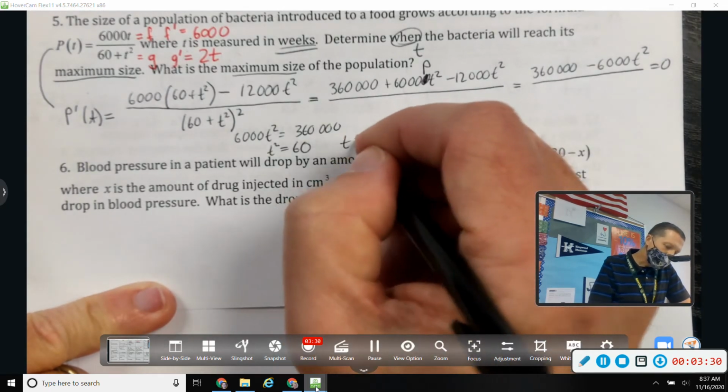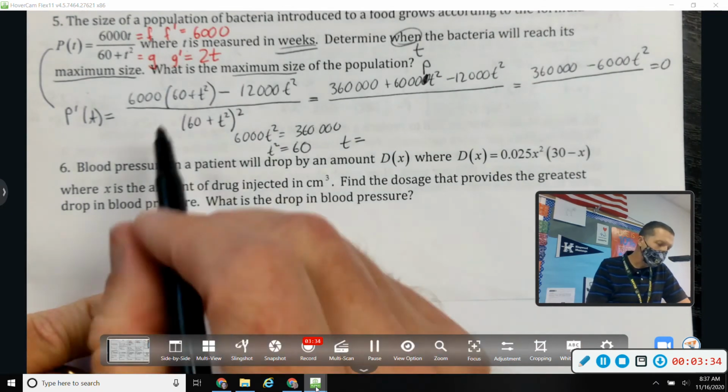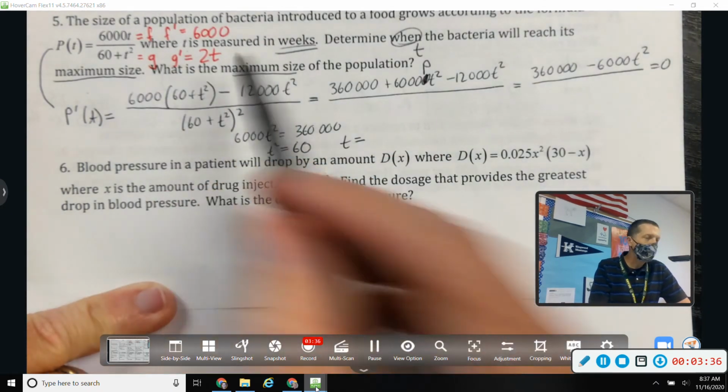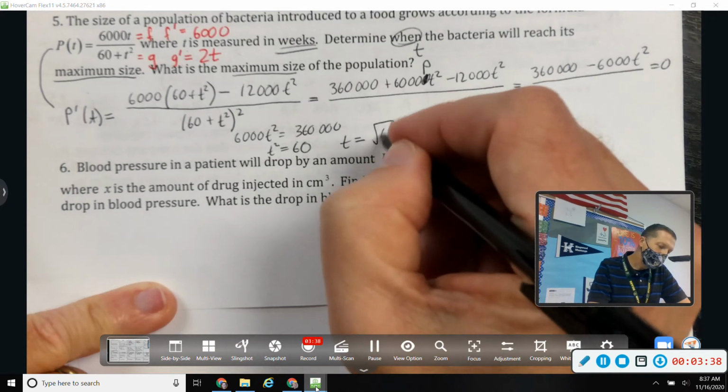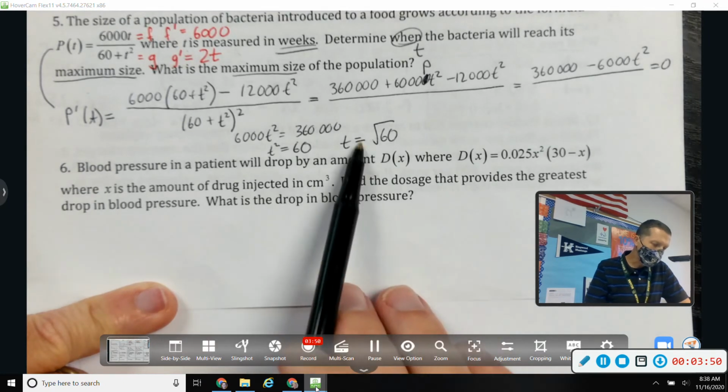Mathematically, T would be plus or minus the square root of 60, but since T represents time and we're not going backwards in time, I don't have to worry about the negative. So T is the square root of 60. That's my only possible answer.